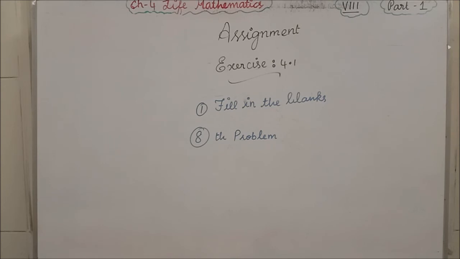Students, in the Life Mathematics Part 1 session, in exercise 4.1, we are going to do the assignment. In that exercise 4.1, the first question is what? Fill in the blanks. Students, don't blindly copy the answer from the back of the book. You have to work out all the answers in the book, on the side itself.